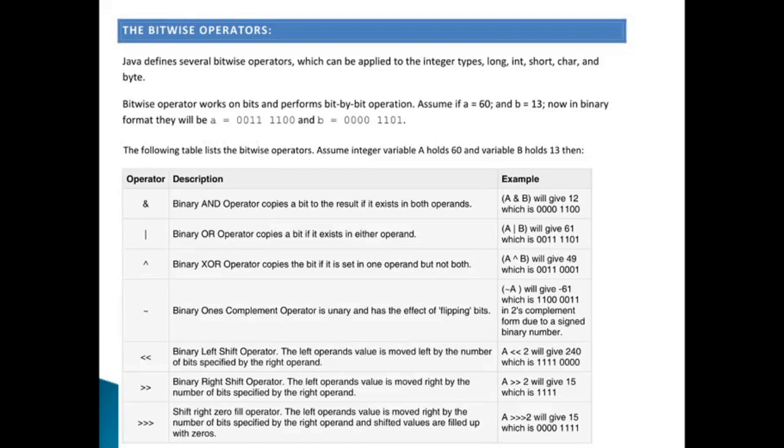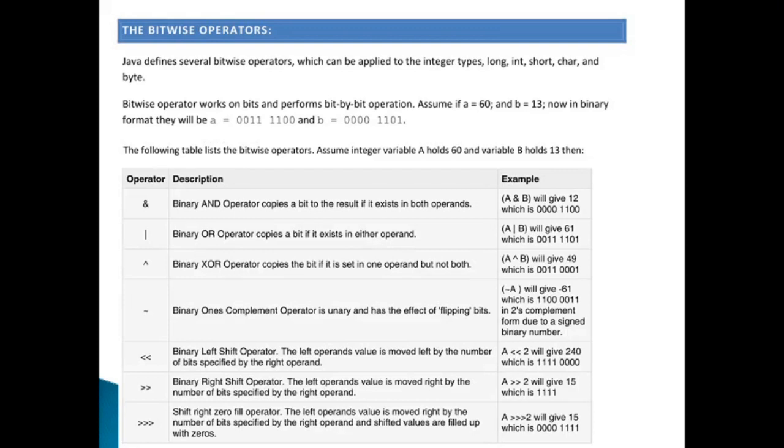Whatever value a variable has, suppose 60, will first be converted into binary and then stored. So each and every variable among long, int, short, char or byte can be converted into binary notation, and if it can be converted into binary notation, then bitwise operators can be performed on it.